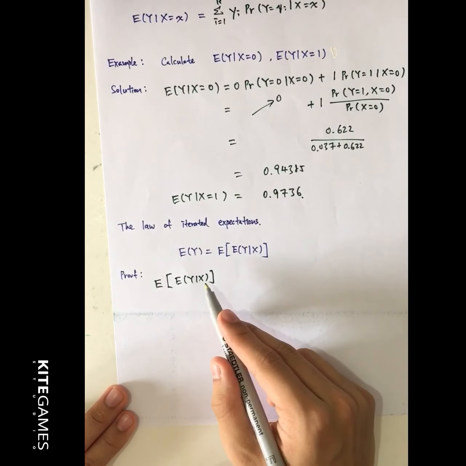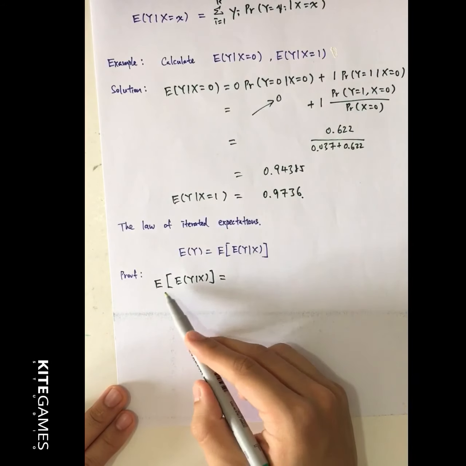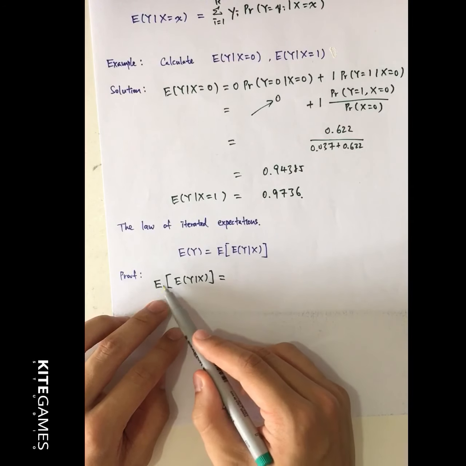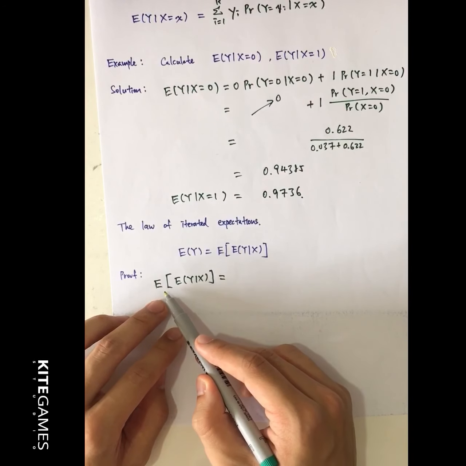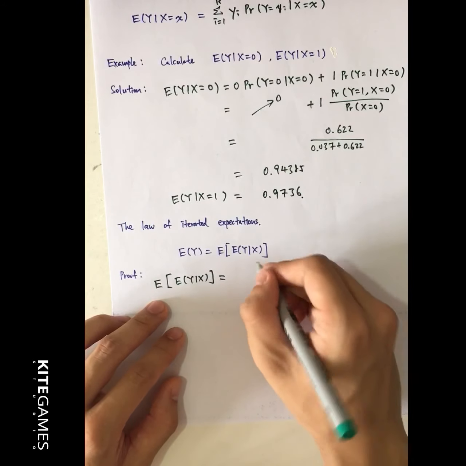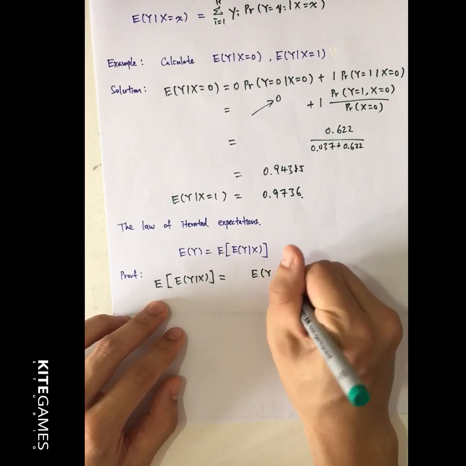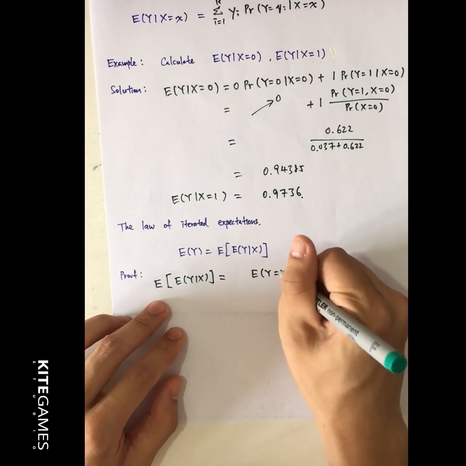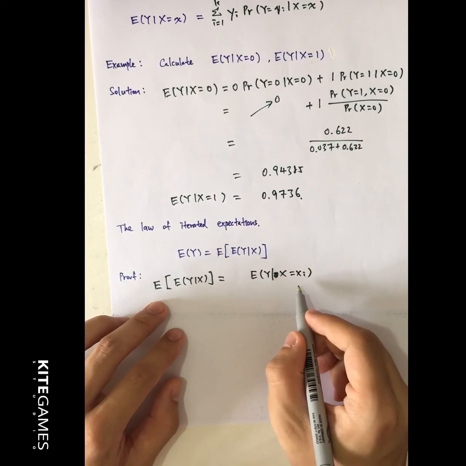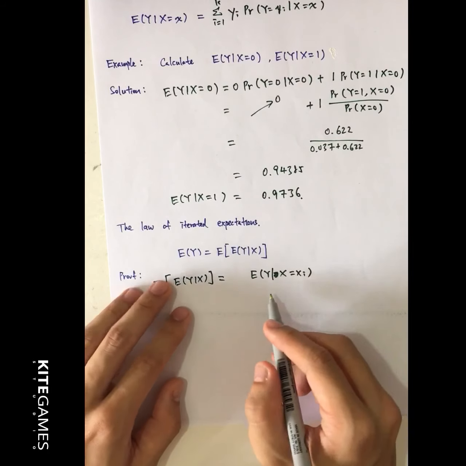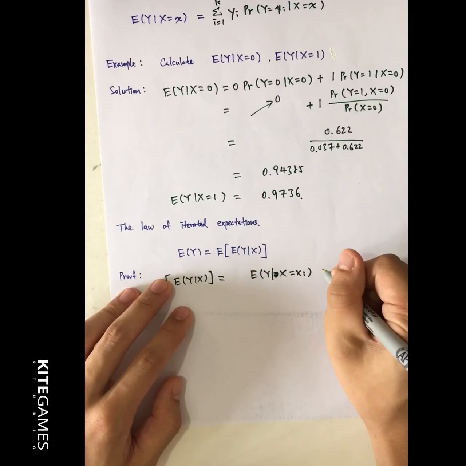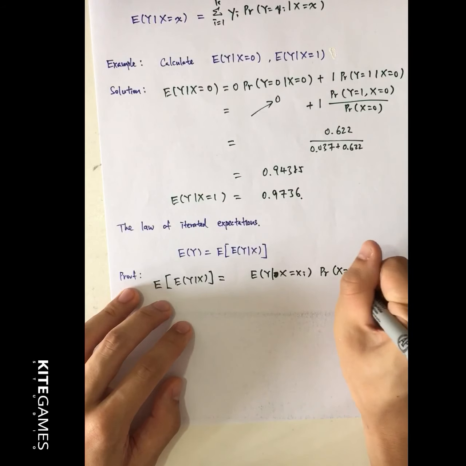gigantic expression. Okay, so what is the expected value of the expected value of y given x? Whenever you come across some expected value, you know there's some probability. So the first step is that you can write it as the expected value of y given x equal to some value xi, times the probability that x equal to xi.